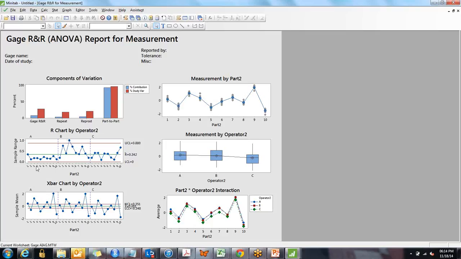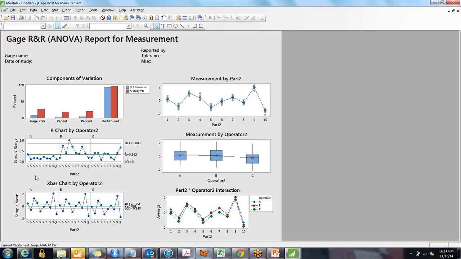Until this dotted line is operator A, from this dotted line to this dotted line is operator B, and from this dotted line till here is operator C. For which operator are the values falling outside the limits? B. So operator B is not repeating himself. He is not repeating correct measurements.